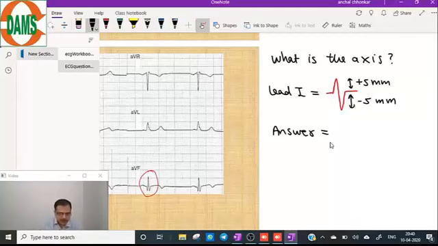Let me see how many of you will give me the correct answer. The question is, what is the axis? You are given only one lead, and that is lead one only.